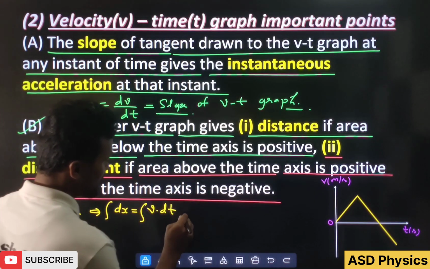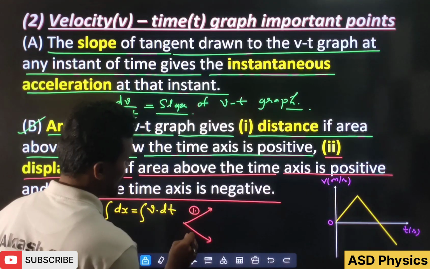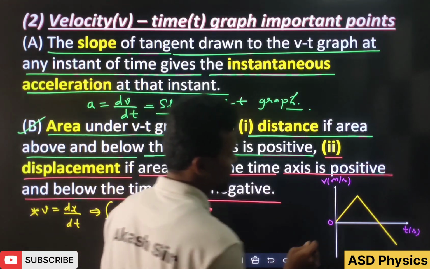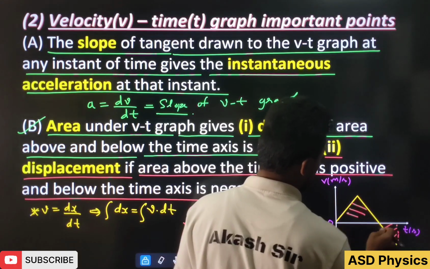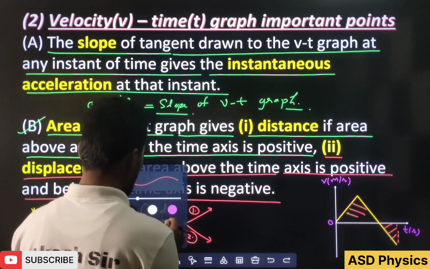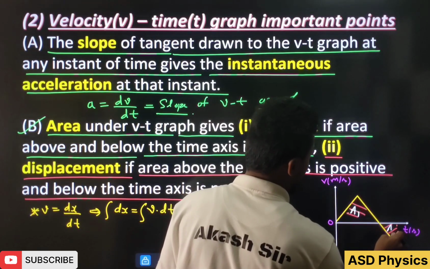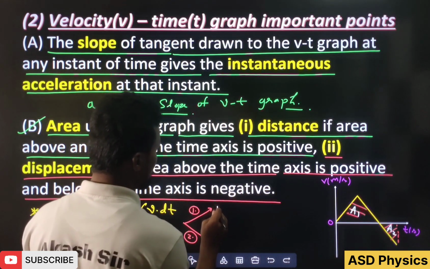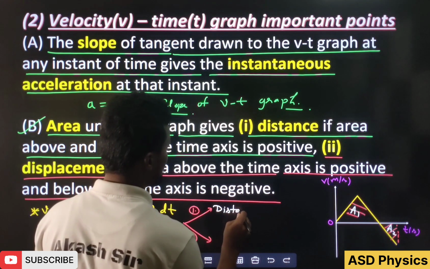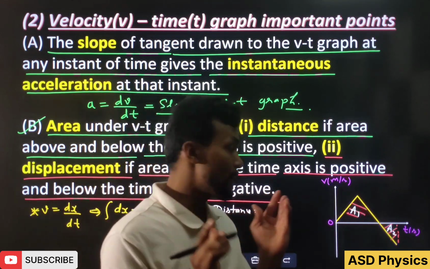How many possibilities are there? Two possibilities are there. Let's take this area and this area, two areas. I have taken this area A1 and this area A2. When we have to calculate the distance, just calculate the pure area with magnitude.